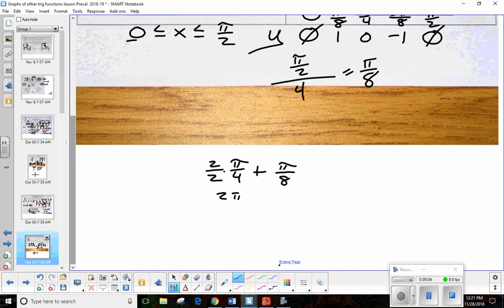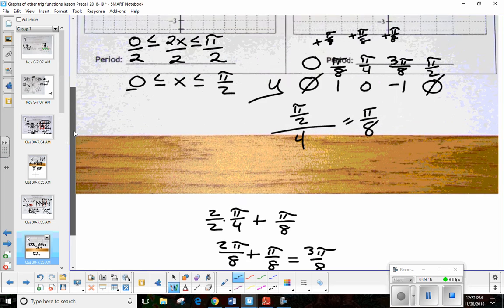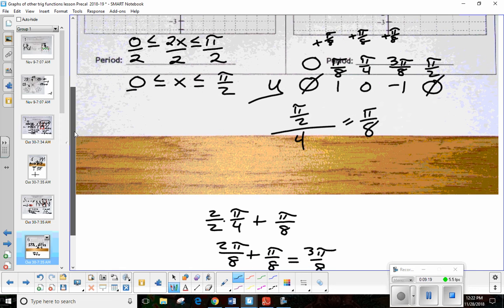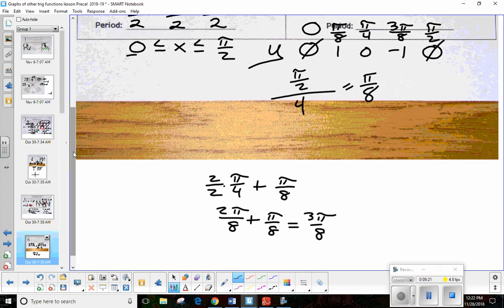So this would be 2 pi over 8 plus pi over 8. So once you have the same denominator, that stays the same. 2 pi plus pi, there's your 3 pi. Okay. And now we'd have to add 3 pi over 8 plus another pi over 8. And let's see. Let's check to see if that works. What's 3 pi plus pi? 4 pi over 8. But what's 4 pi over 8?